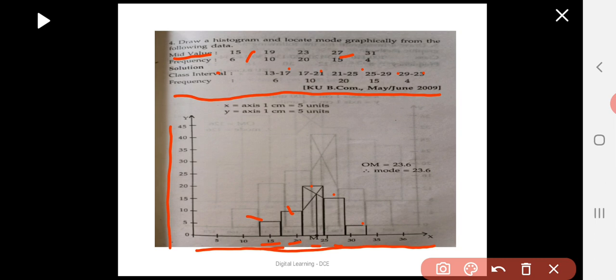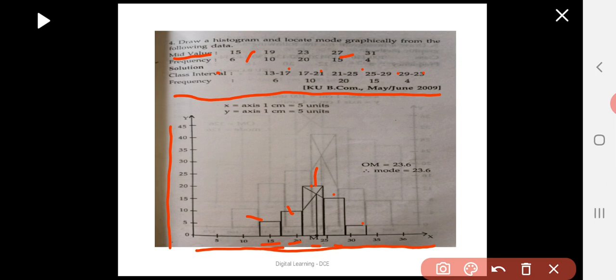And as we know, we should locate the mode here. So what we do is take the bar which has the highest frequency of 20, this one.